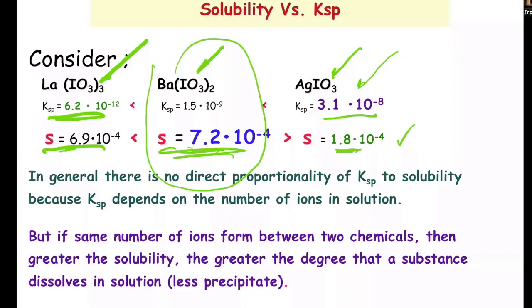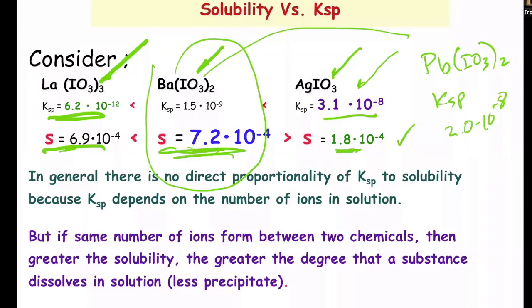Suppose instead of silver iodate, I also have, let's say, what's a good one that's mono ionic. Let's say that I have barium iodate and we have lead iodate. And I tell you that lead iodate has a KSP in the order of 2.0 times 10 to the minus 8.